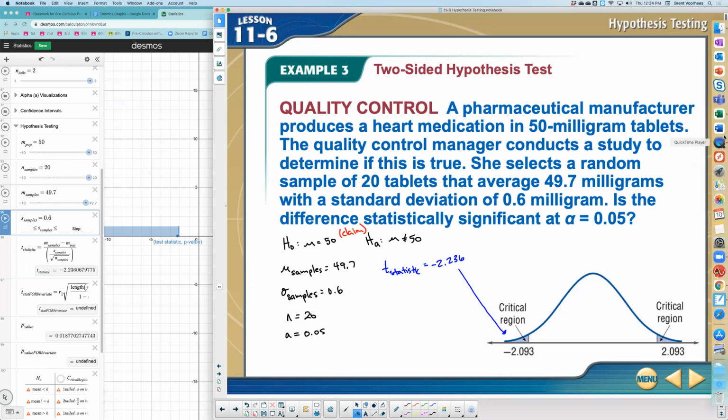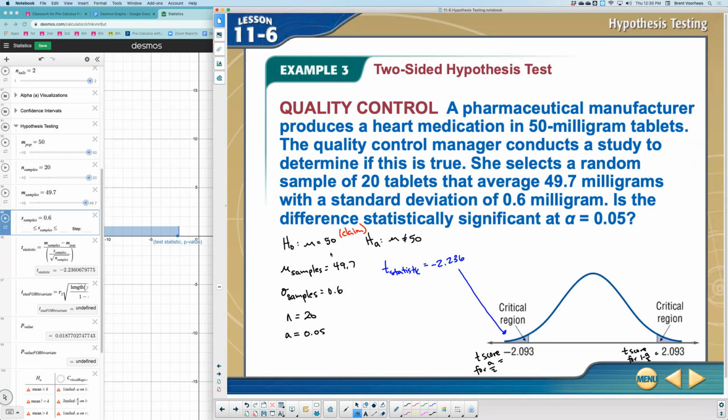So since it's less than 20 samples, this is the t value. It's the t-score for alpha divided by 2. And this is the other t-score for 1 minus alpha divided by 2 is how you get that one.